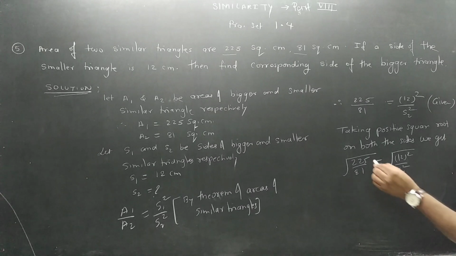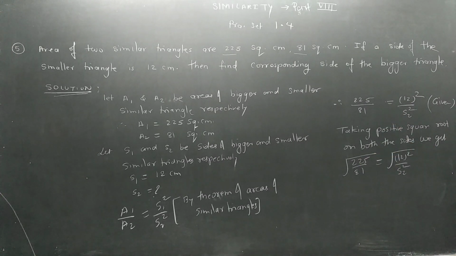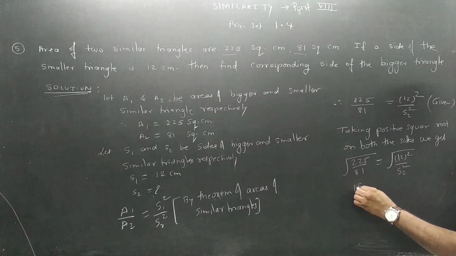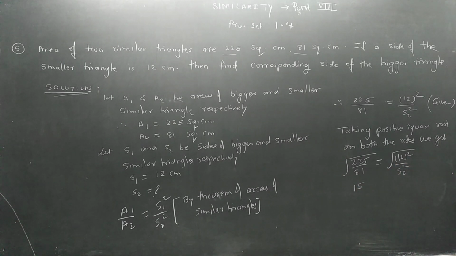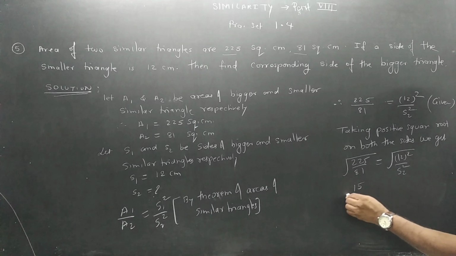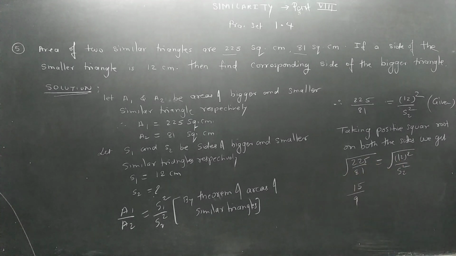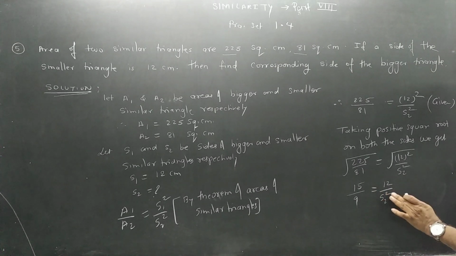Now we know 225 is the square of 15, I think, and 81 is the square of 9. That is equal to 12 square, the square root is 12 only. And we are getting the value of S2, not S2 square.